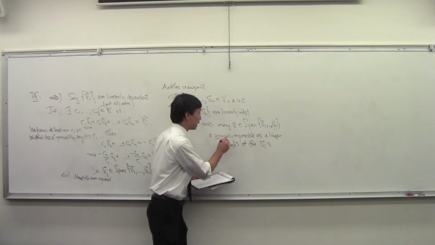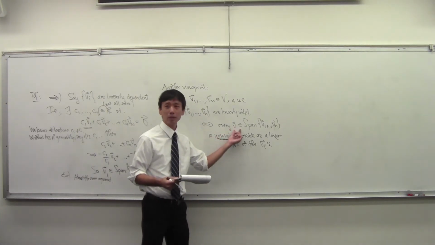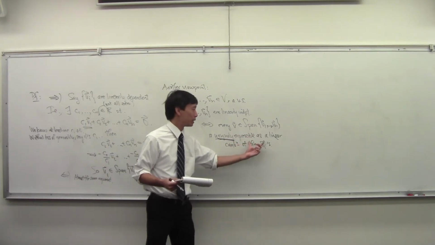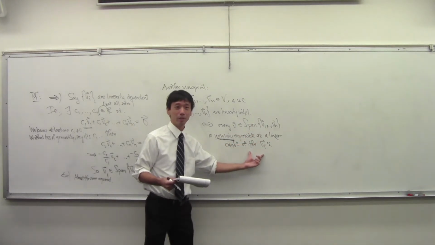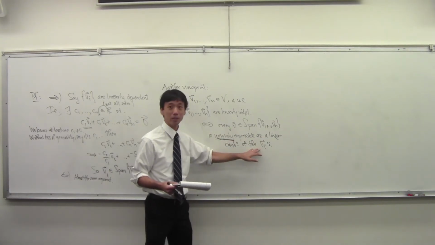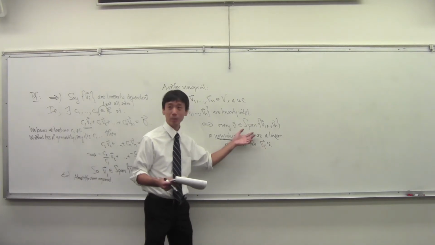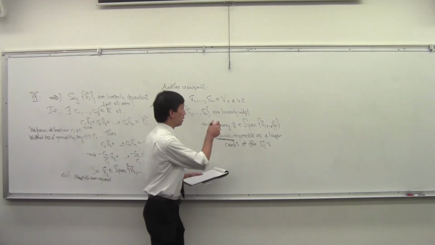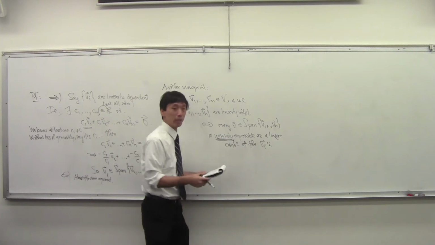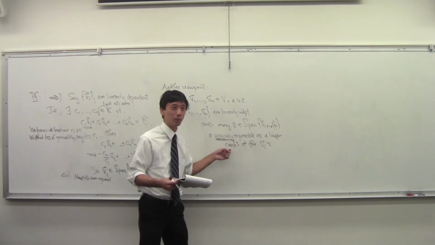It's the word uniquely, right? Because of course everybody in the span is expressible as a linear combination. That's just the definition of the span. Span is the collection of linear combinations. But the key word here is uniquely. There's only one way to get each person in the span.